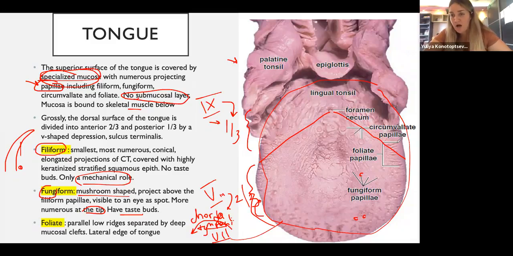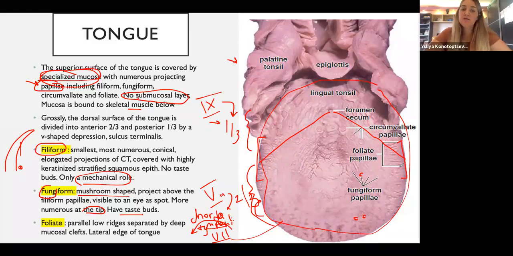Foliate papillae are located on the lateral surfaces of the tongue. They are parallel ridges of some sort. They also have taste buds. Fun fact, the older you are, the less visible they become. So again, homework for you, stick your tongue out. Do you see foliate papillae? You're young. If you don't see them, you're relatively old.